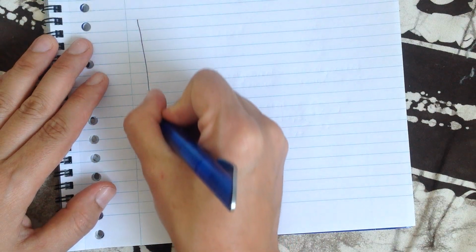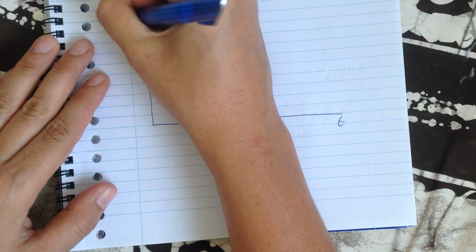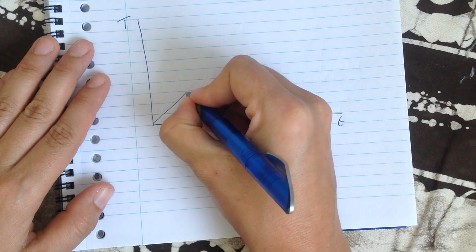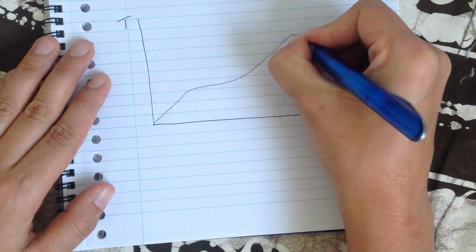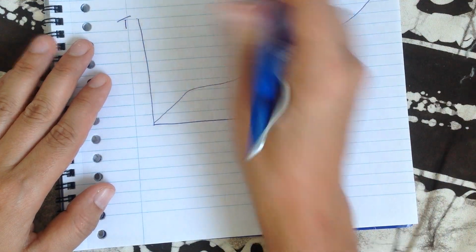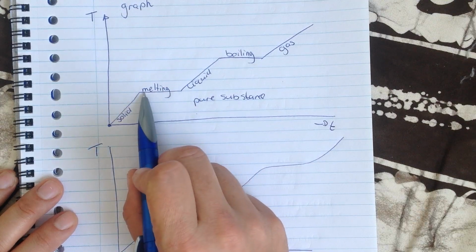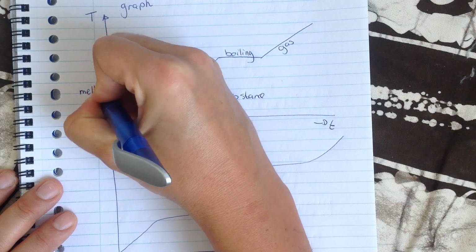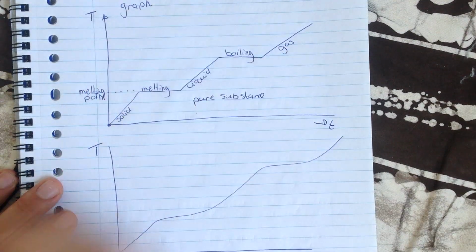So when I have a mixture, it just looks different. I have the same start again, but then it goes like this. In the pure substance, there is a melting point. So this is the melting point.